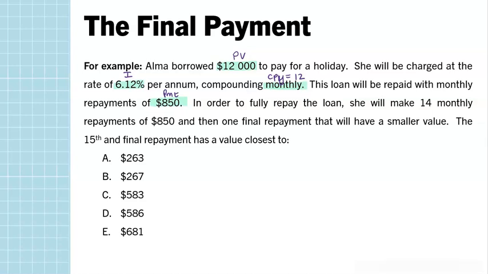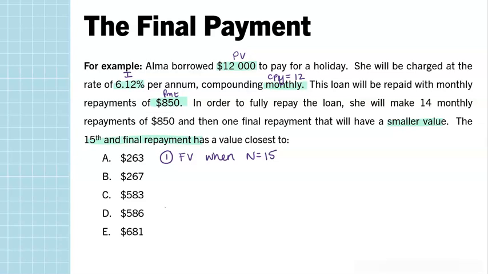In order to fully repay the loan, she's going to make 14 monthly payments of $850 and then one final payment that will have a smaller value. The 15th and final repayment is closest to... So we want to find out what is the value of this final payment. Step 1, as we said, is to find the future value when we've reached our maximum number of repayments, so in this case 15 payments in total.